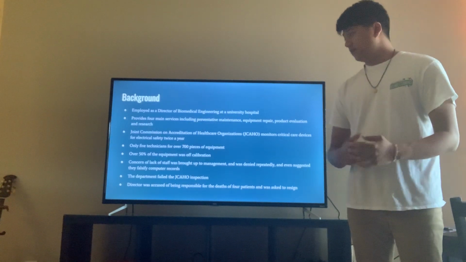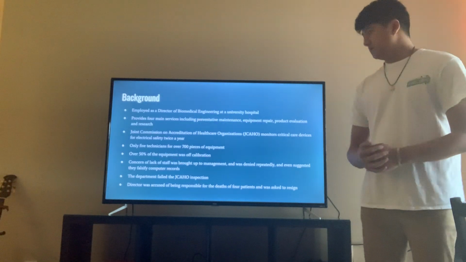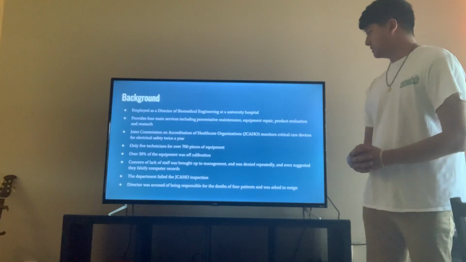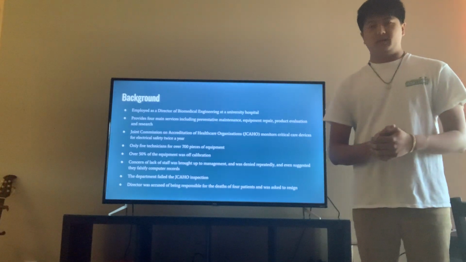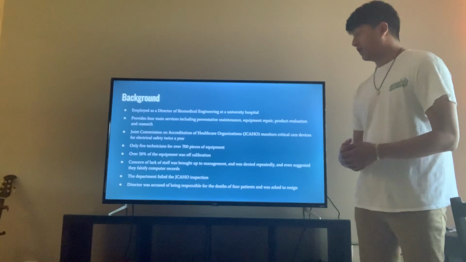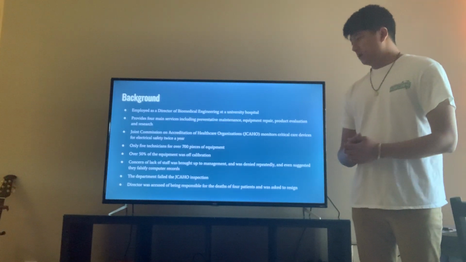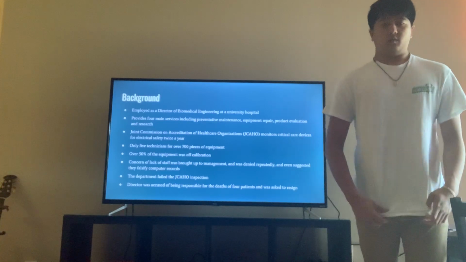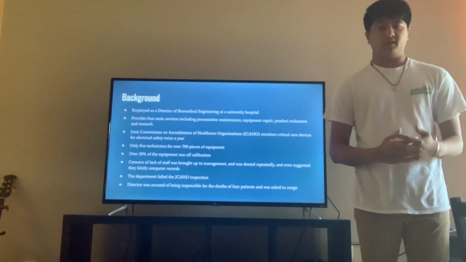The director was very concerned with the lack of staff, and so he sent a lot of emails to upper management and was denied repeatedly, and management even suggested that they falsify computer records in order to pass the inspection. Of course, he could not do that. So when JCAHO came around to do their inspections, the department ended up failing.